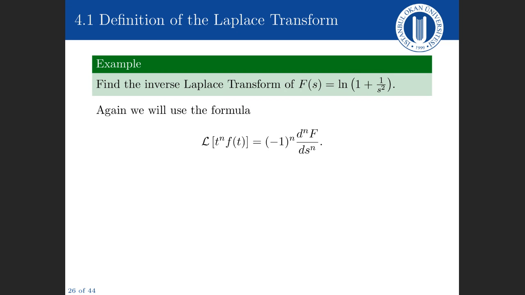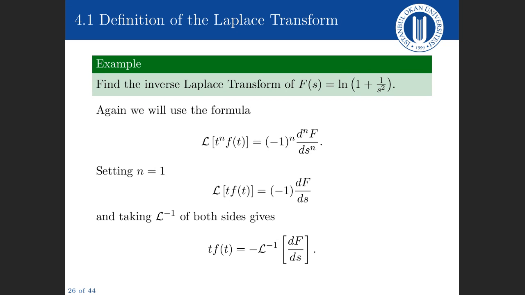The Laplace transform of t to the power n f of t is equal to minus 1 to the power n, nth derivative of capital F. We're going to use this with n equal to 1. And then we're going to take the inverse Laplace transform of both sides to get t multiplied by f of t is minus the inverse Laplace transform of dF/ds.